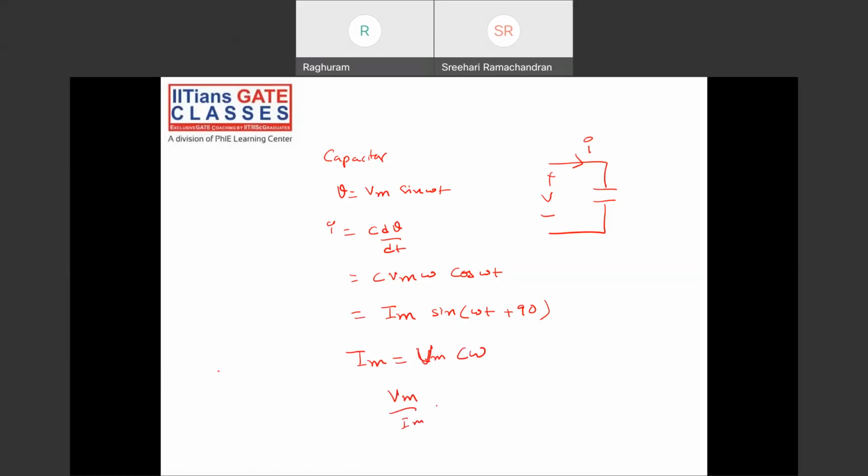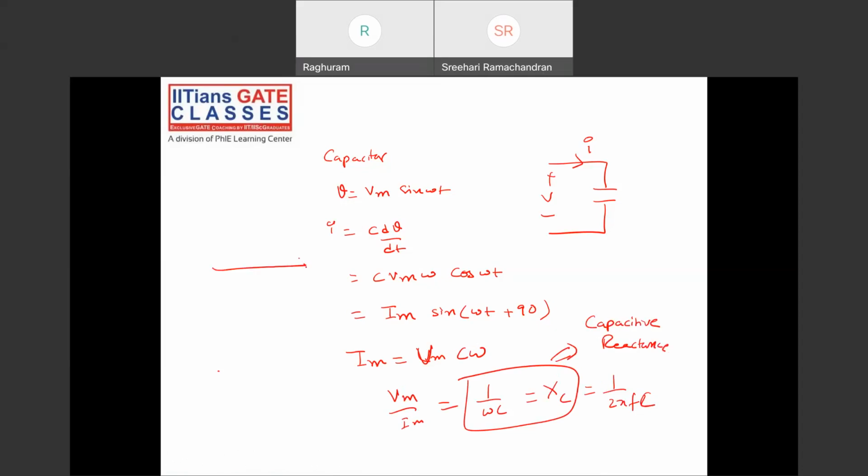Vm by Im is 1 by omega C. That's nothing but XC, which is equal to 1 by 2 pi fC, called capacitive reactance. From this, if I take V as Vm sin omega t as reference, what is I? I is leading V by 90 degrees.